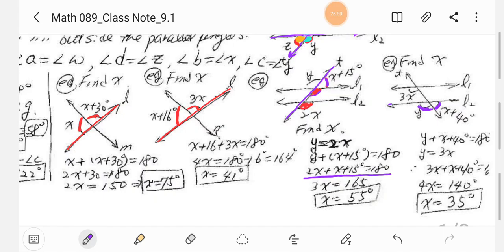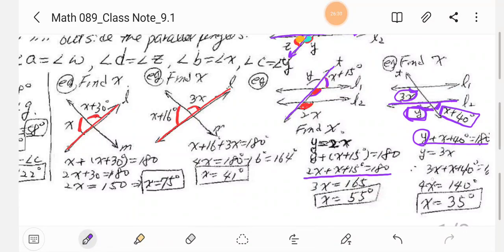Because this is a straight line, the angle y and the angle x plus 40 sum to 180, right? But this angle y is the same as 3x, right? Because they are on the same side. So 3x and y are the same. So replace this y with 3x.